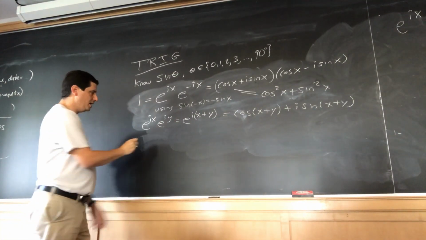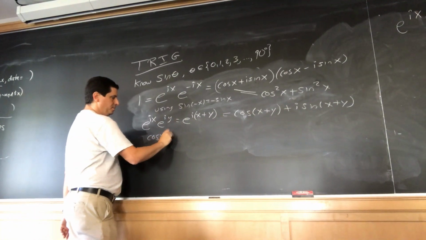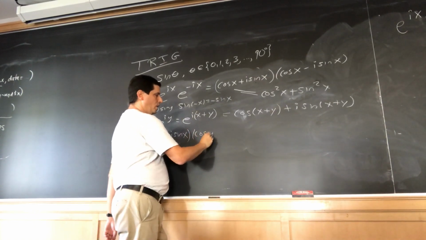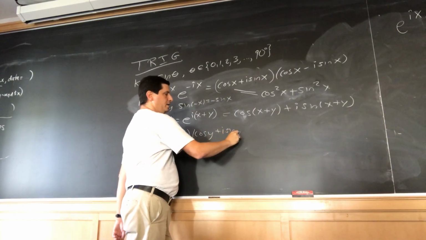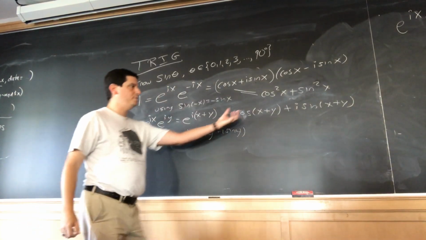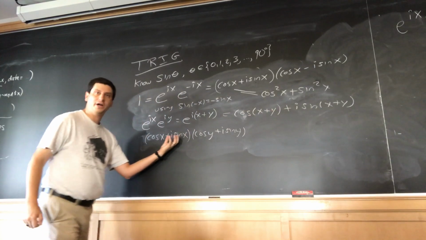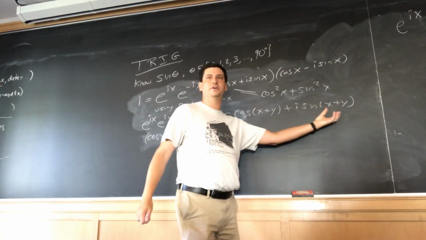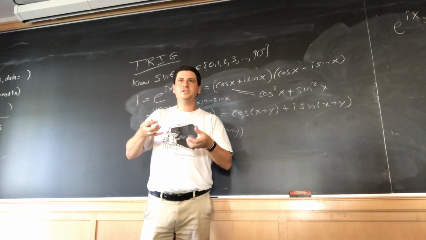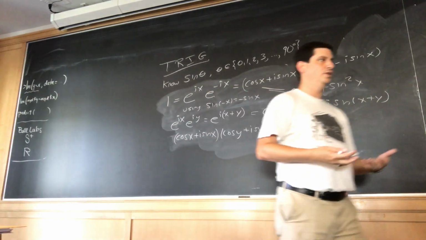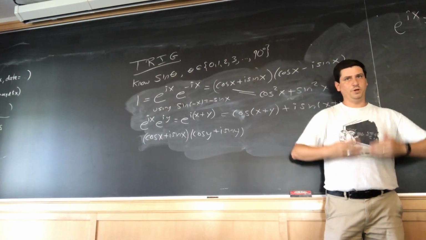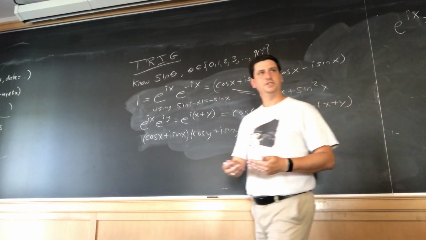If I expand this out, (cosine x plus i sine x)(cosine y plus i sine y), the real part here has to be the real part there. The imaginary part here has to be the imaginary part there. If two complex numbers are equal, it's like vectors. The only way two vectors can be equal is if each component is equal. For complex numbers, the only way two complex numbers can be equal is if the real parts are the same and the imaginary parts are the same.